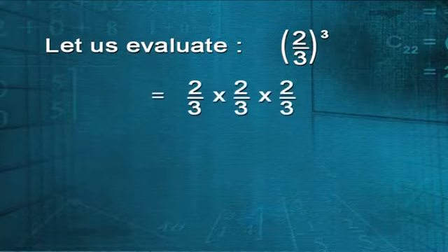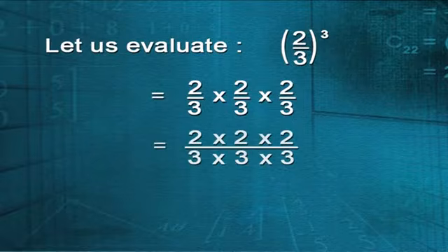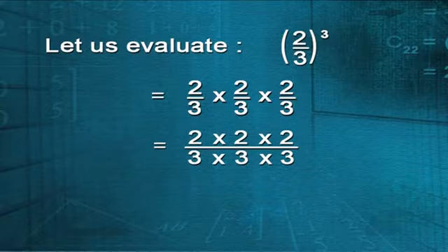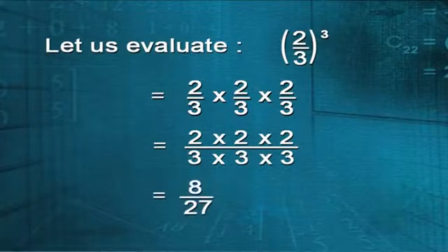Therefore, it is 2 by 3 into 2 by 3 into 2 by 3, 3 times. So, in the numerator it is 2 into 2 into 2, 3 times, and in the denominator it is 3 into 3 into 3, 3 times. So, in the numerator what do you have? You have 2 times 2 is 4, 4 times 2 is 8, and in the denominator you have 3 3s are 9, 3 9s are 27. Therefore, 2 by 3 raised to power 3 is equal to 8 by 27.